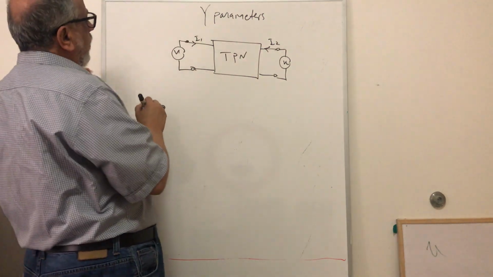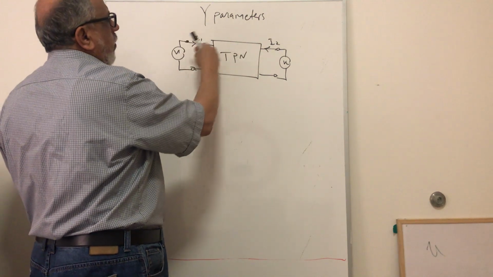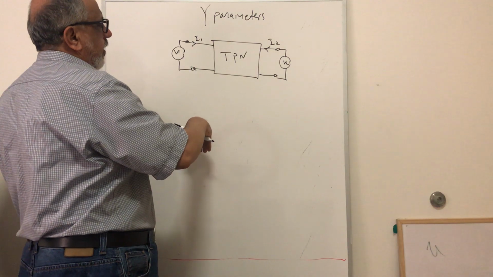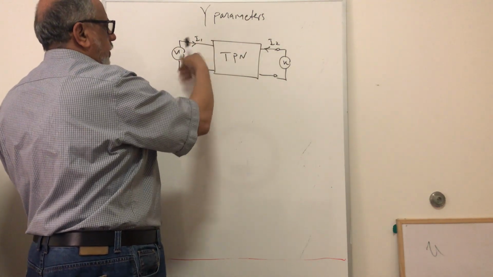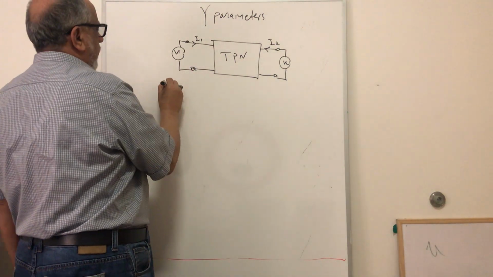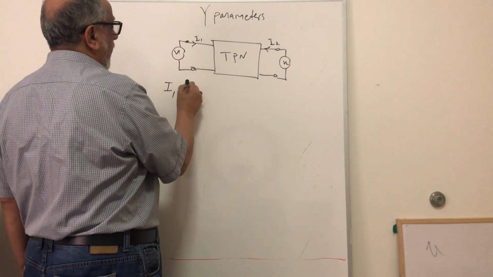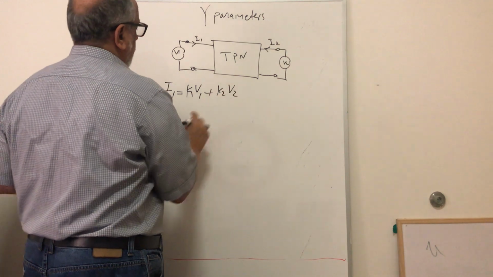And we write the current in terms of, let's say I want to find the current I1 due to V1 only, so I have to short out this. Then I have to find the current I2 due to V2 only, so I have to short this, right? So again, we can write the following equation. I1 is equal to K1 V1 plus K2 V2.